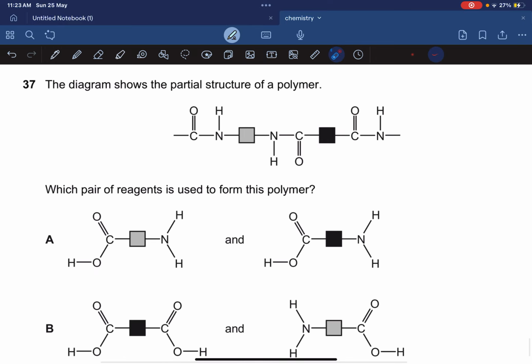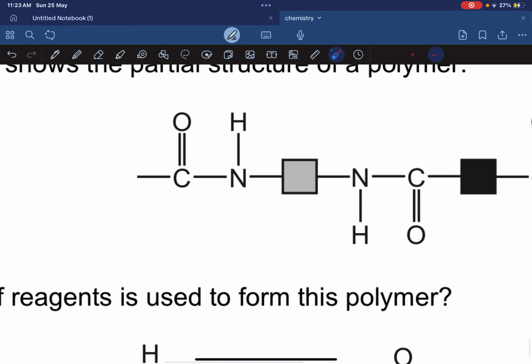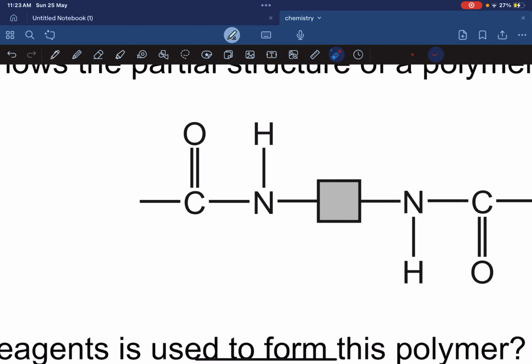So the polymer is going to be, let's figure out what happened over here. Now see, you just need to simply think about this: here there will be an oxygen, and here an OH, and here an H, to form water, okay?